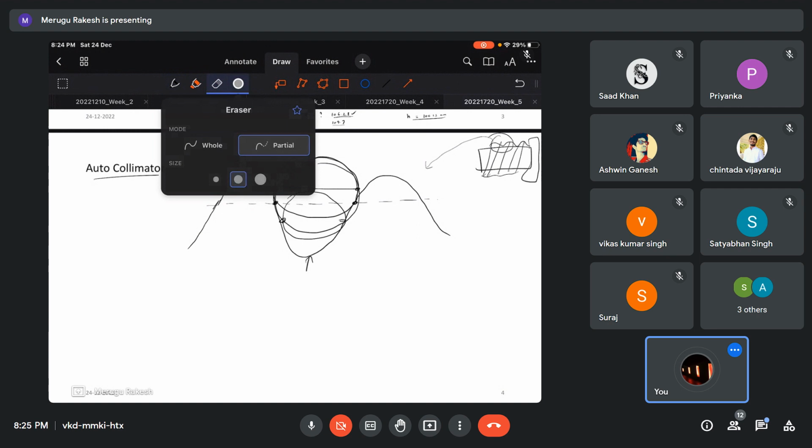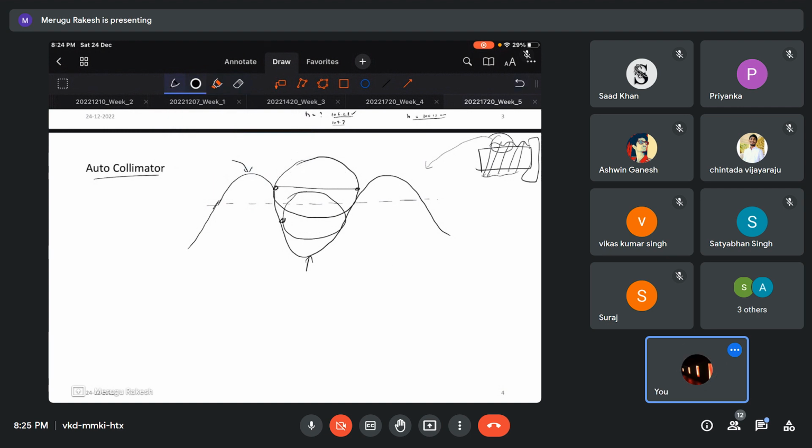Let me remove the others. So one is exactly in contact with this. Okay, this is the D. Suppose this is P by 2, this is P by 4. This is theta.